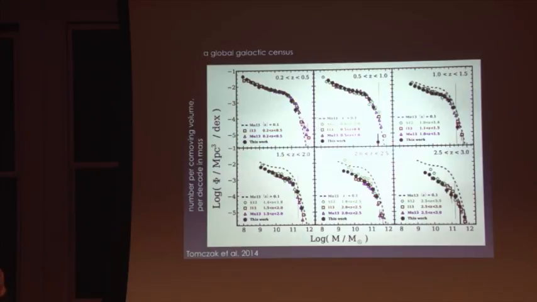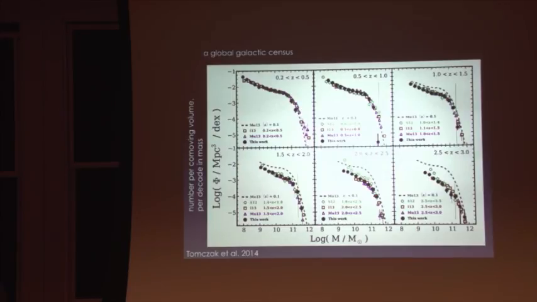So from these kinds of surveys now, we can study how galaxies formed their stars and assembled their stars. So this shows the stellar mass function of galaxies from relatively nearby galaxies out to a redshift of 3. And of course, we see this familiar shape, Schechter function shape, for the galaxy mass function repeated all the way out.